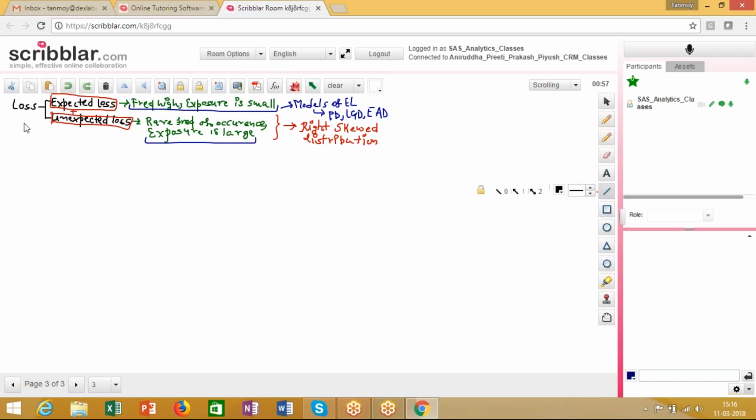So the loss distribution of the bank would look something like this.